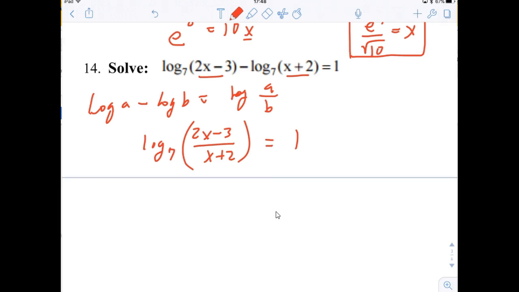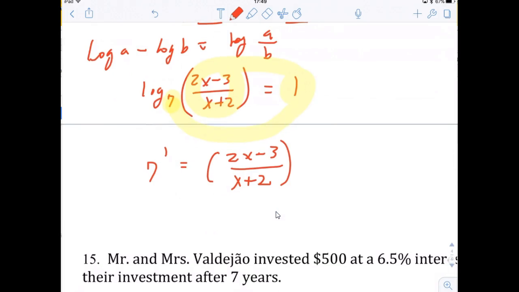And now I'm going to do the snail to convert it into an exponential expression. I'm going to say 7 to the power of 1 is equal to this expression here. Okay, so 7 to the 1 is equal to 2x minus 3 divided by x plus 2. And now I'm going to manipulate algebraically this expression to solve for x.